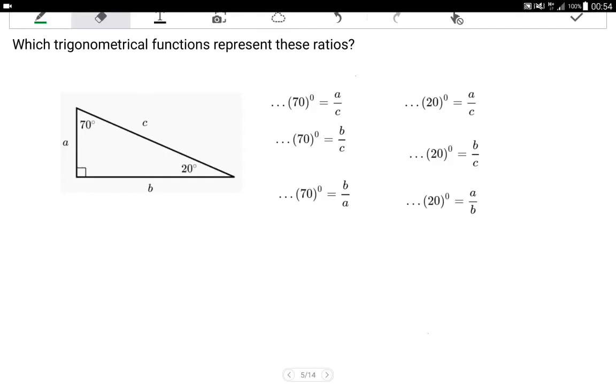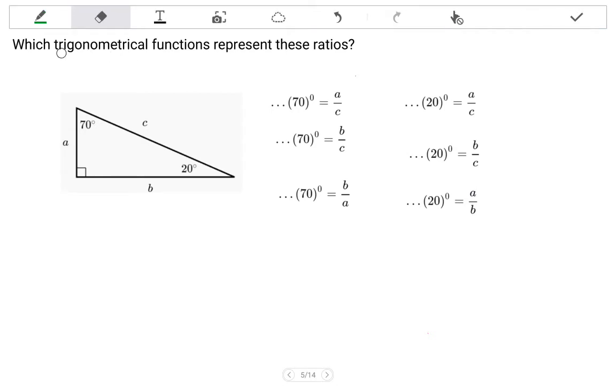In this given right-angled triangle, let's find which trigonometrical functions represent these ratios. Ratios are given next to the triangle, and according to the 70 degrees we have ratios, and according to the 20 degrees we have ratios. So in the triangle, according to the place of 70 degrees, I'm going to label hypotenuse, adjacent and opposite sides.